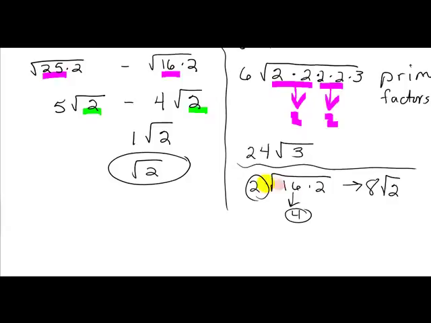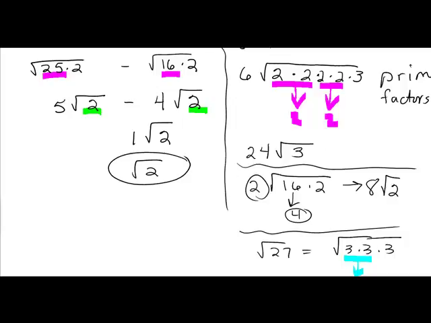Then we're looking at the square root of 27. And see, 27 is 3 times 3 times 3. And so we can take out 2 of those, which will come out as 1. And so let's see what we're going to have here.